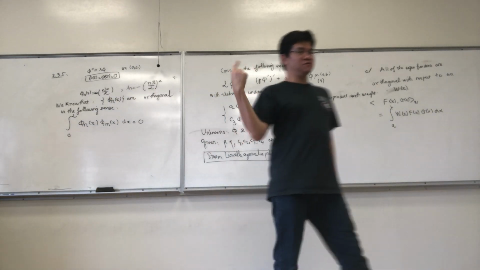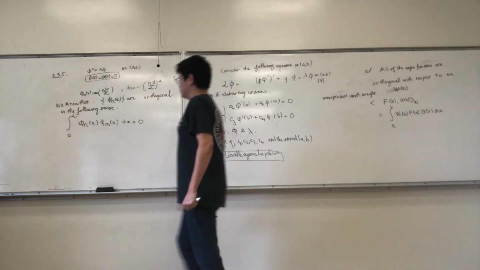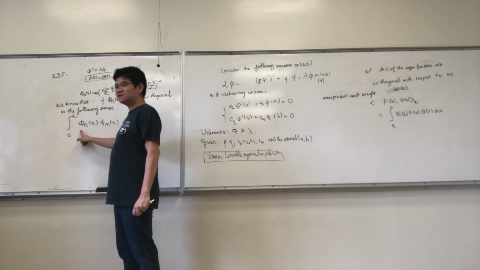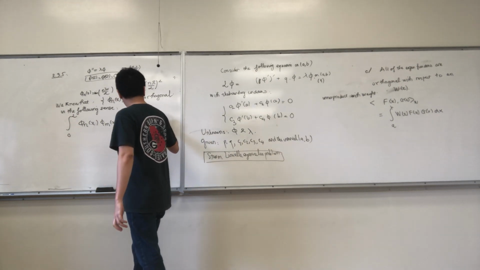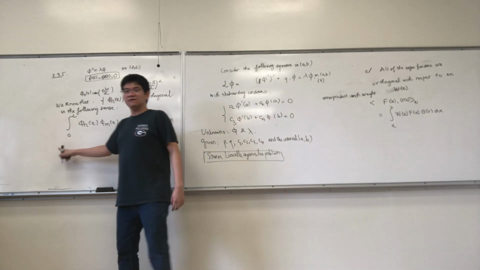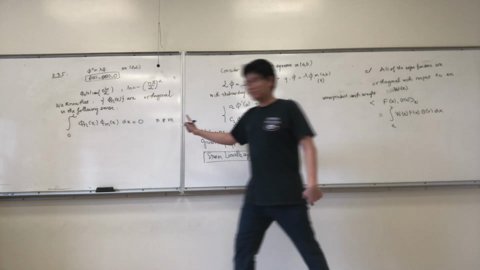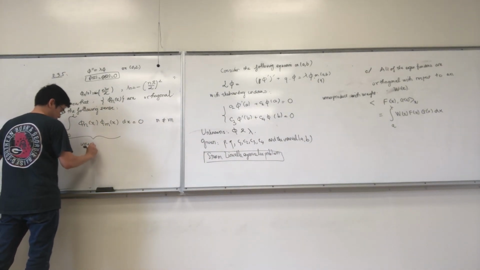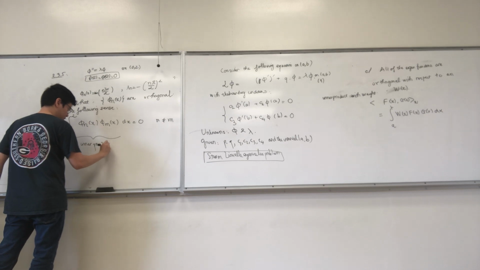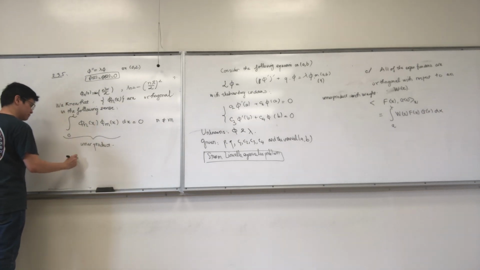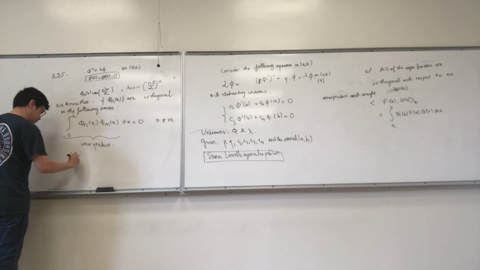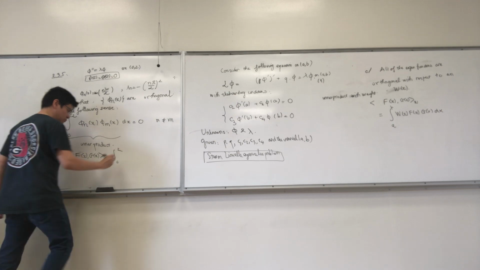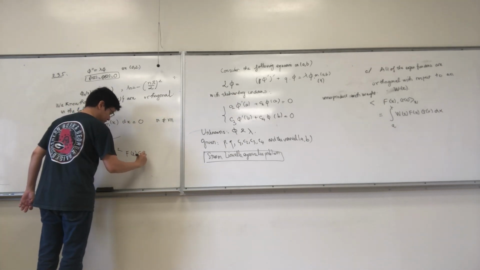This is something that we observed in the previous exercise. n has to be different from m, and when you integrate, they are orthogonal. And this we call an inner product. So f(x) and g(x) is going to be the integral from 0 to 2 of f(x) g(x) dx.